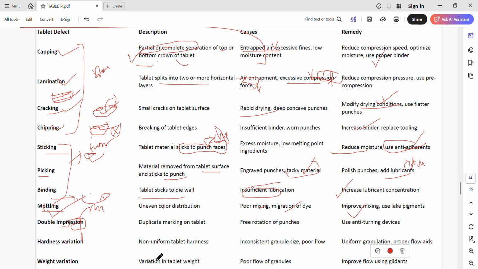Hardness variation is non-uniform hardness of the tablet, because the flow property of the granules is poor. Weight variation also comes from poor flow of the granules.